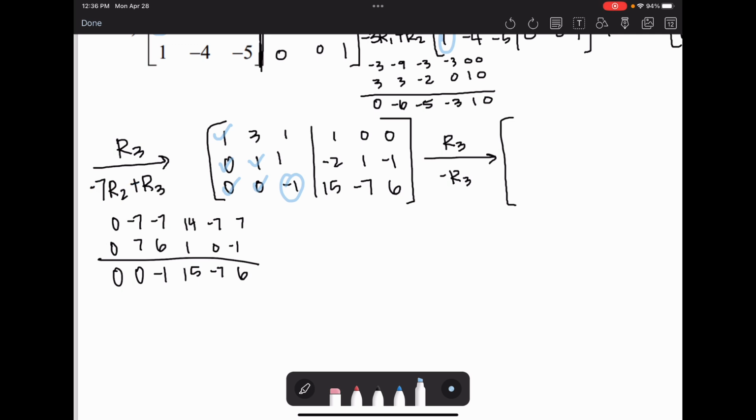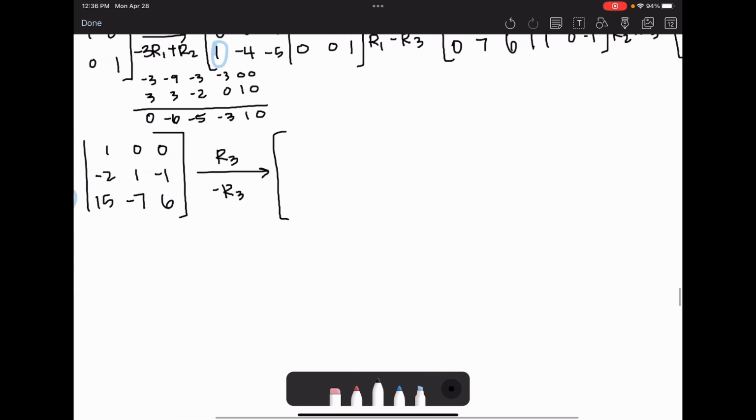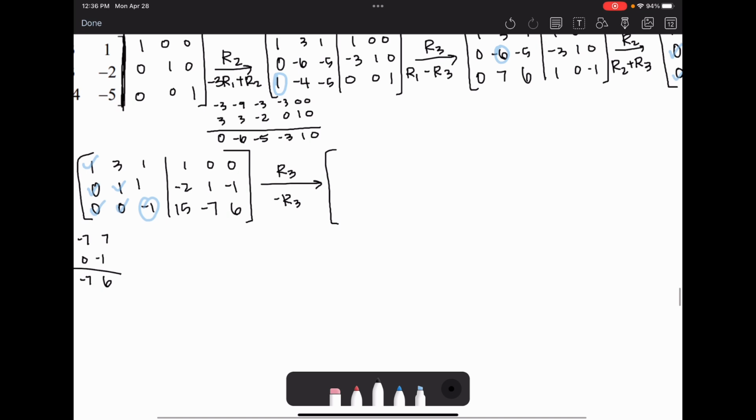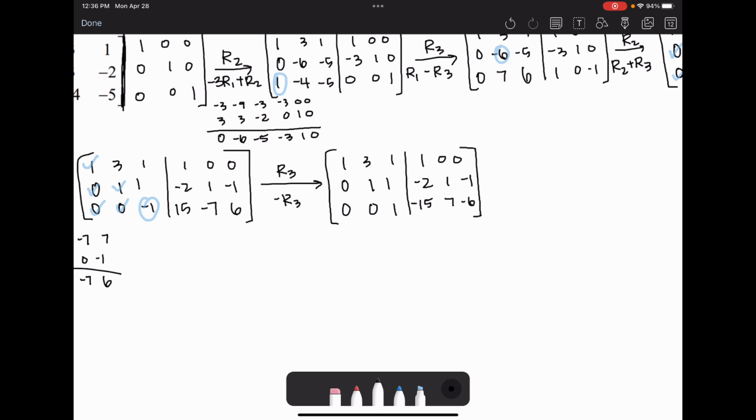That would make it just one step, but I didn't do that, and I'm not going to go back and rewrite everything. So here we go. 0, 1, 1, -2, 1, -1, and then 0, 0, +1, which is so nice. And then -15, +7, -6.